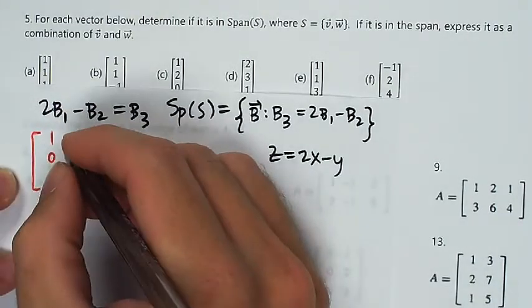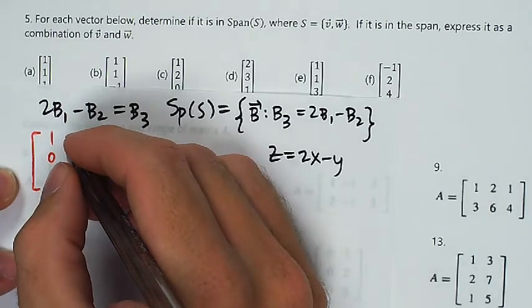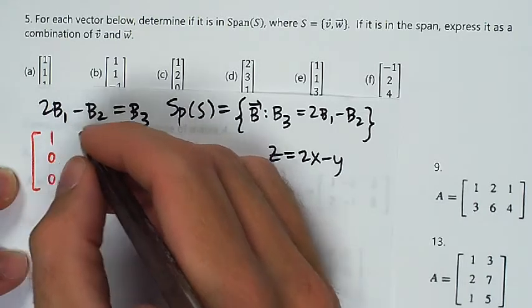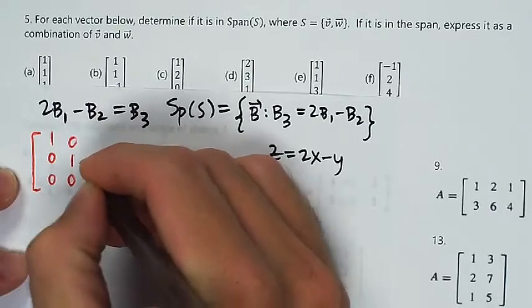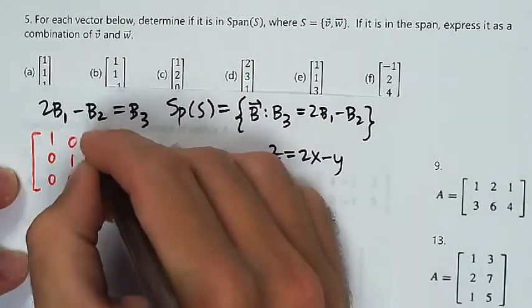One, 0, 0. Zero ones, pardon me. I was looking at the wrong matrix here.